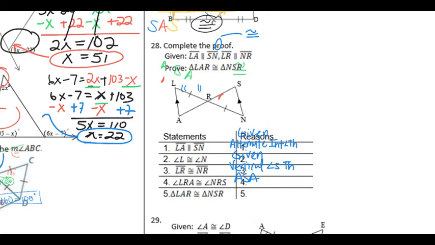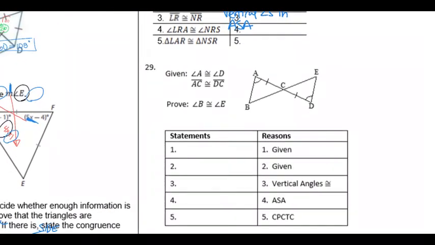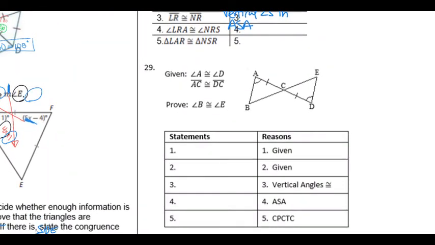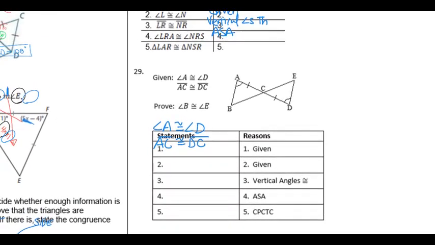Number 29. Given information is angle A is congruent to angle D, and it's already marked on our picture. Next piece of information that they gave us is that AC is congruent to DC. That is also marked up above in the picture. And they gave us the clue that we have vertical angles. So our vertical angles are here in the center.